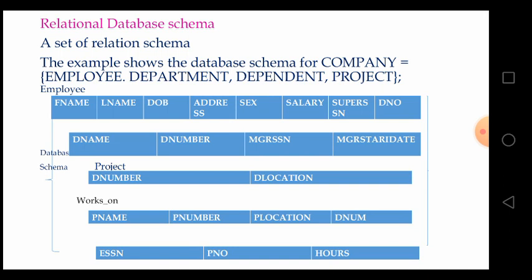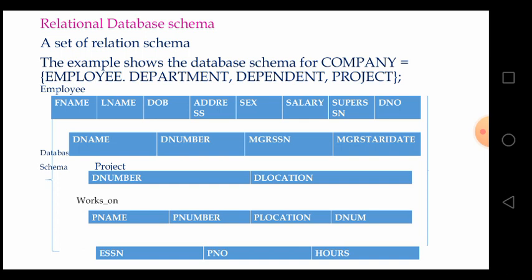For example, we take the employee: F name, that means first name, L name, last name, date of birth, address, sex, salary, super SSN, DNO. These are the attributes of the employee.